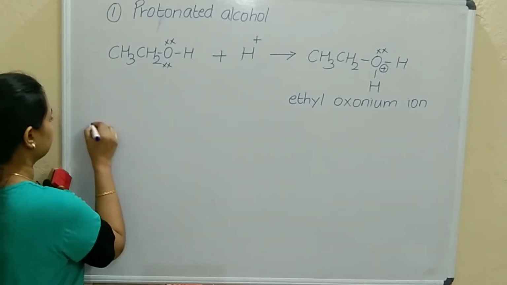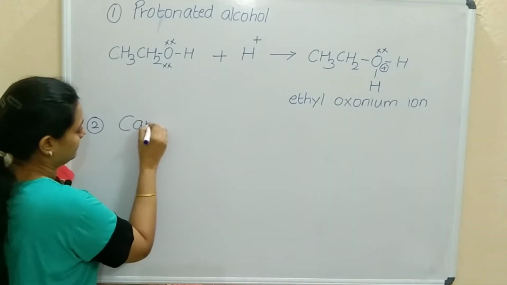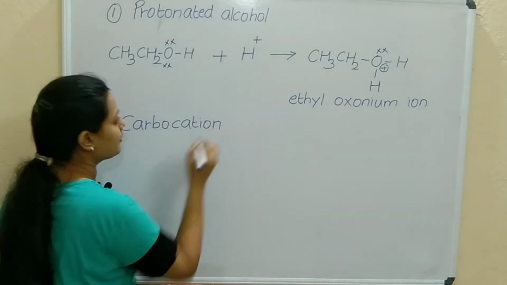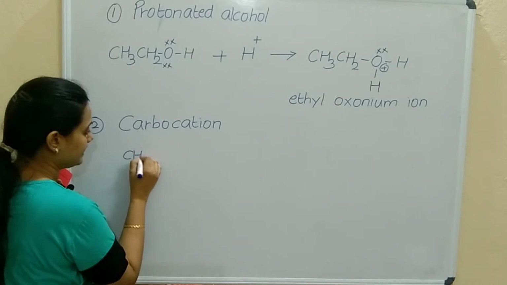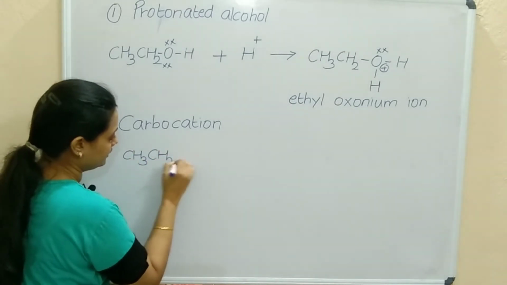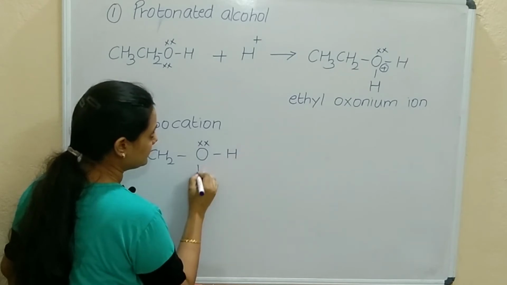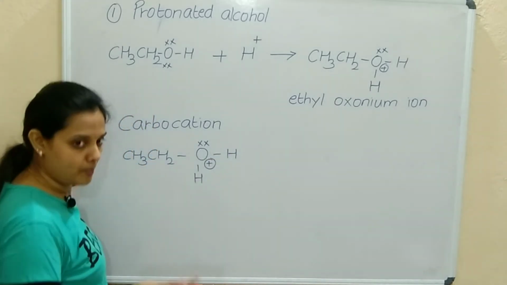The second step is formation of carbocation. Again I'll write that product here: CH3CH2 and oxygen with 1 lone pair, hydrogen attached. It has H plus because it is making 3 bonds.